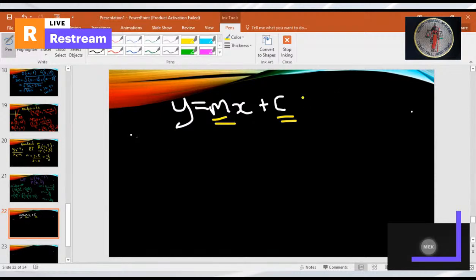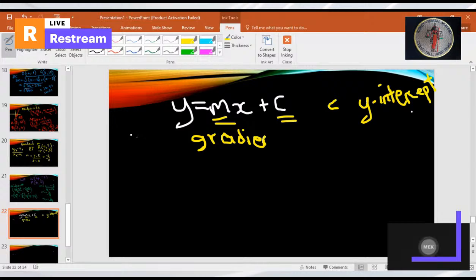So c tells us the y-intercept, or where the line crosses the y-axis. m, the coefficient of x, the number that's in front of x, tells you the gradient. So just by looking at the equation, you can tell the y-intercept and the gradient of the line.